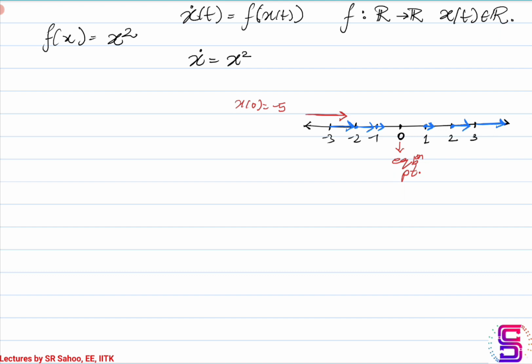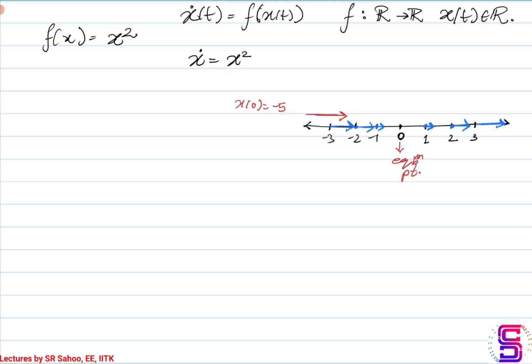By the time your value of x is -1, the magnitude of x has reduced to 1, and hence x dot is also 1 in this particular case. If you go to any value beyond that, the x dot value reduces even further. So the system evolves slower and slower as you approach closer and closer to the origin.